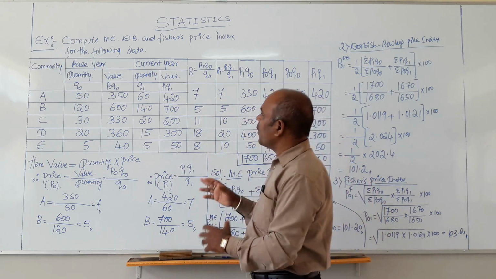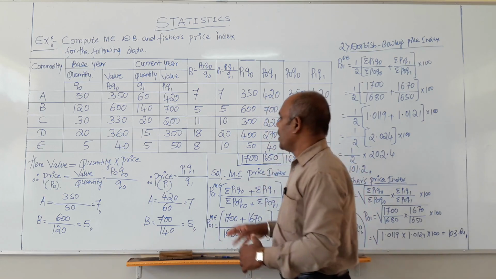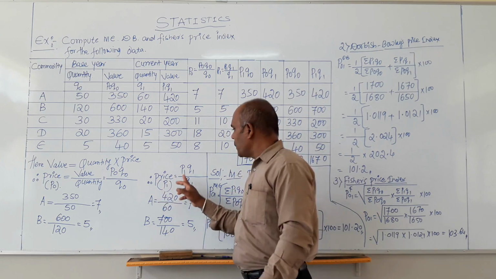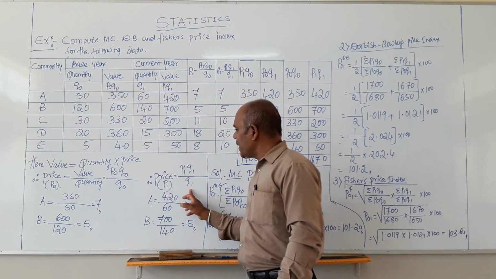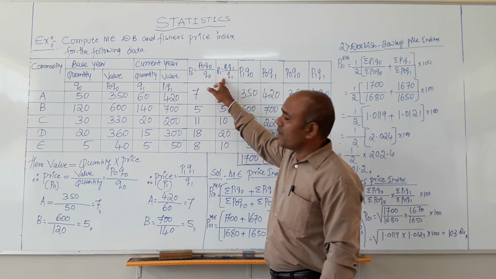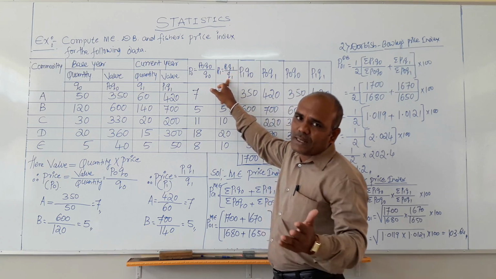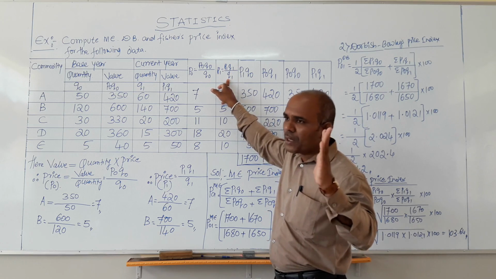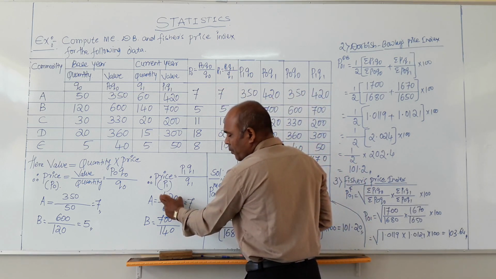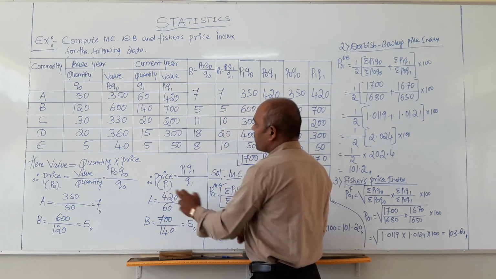In the same manner, we have to calculate the current year price of all the commodities. Current year price P1 equals P1 Q1 divided by Q1, as mentioned in the next column. The value of commodity A in the current year is 420 and the quantity is 60.